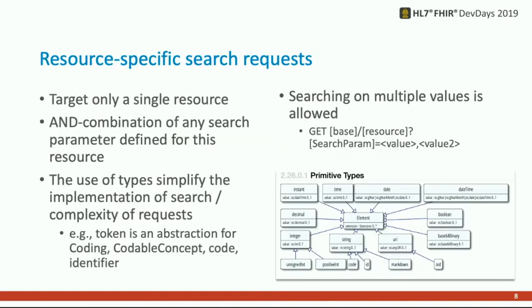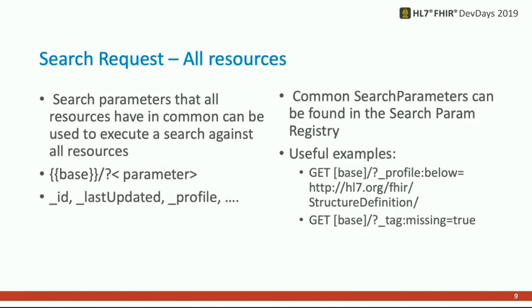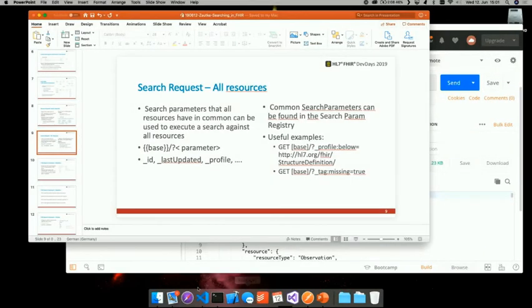Okay. Any questions so far on how to select values based on one resource? Okay. Now let's move over to how do I search on all resources? Because if you have a closer look at the FHIR specification, let me quickly open it up.